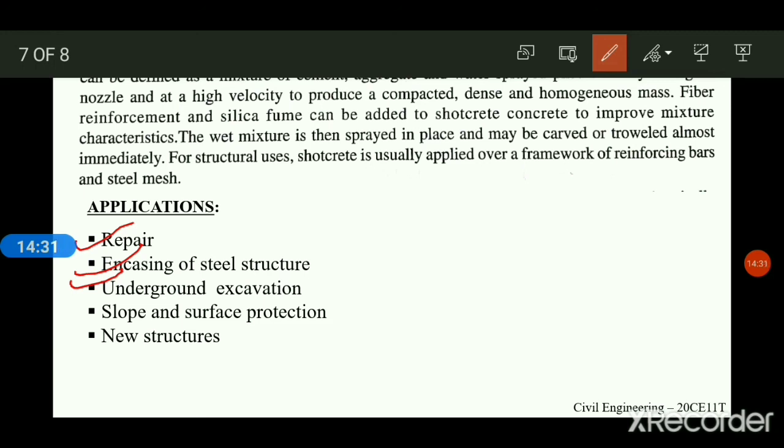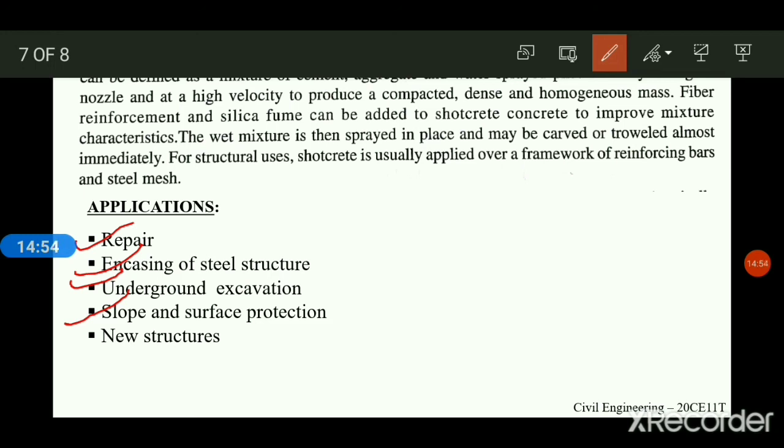It is also used in slope and surface protection, that is, to temporarily protect rocks that will deteriorate when exposed to air. It is often used to cover slopes. Proper drainage should be provided for protected slopes to prevent uplifting pressure from damaging the shotcrete.